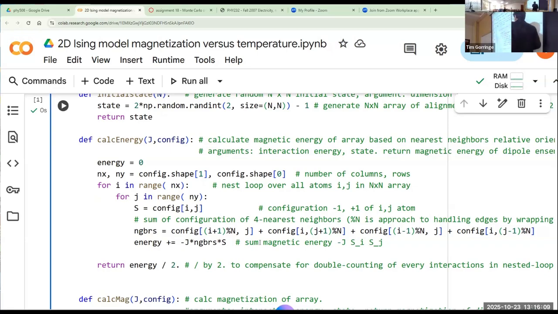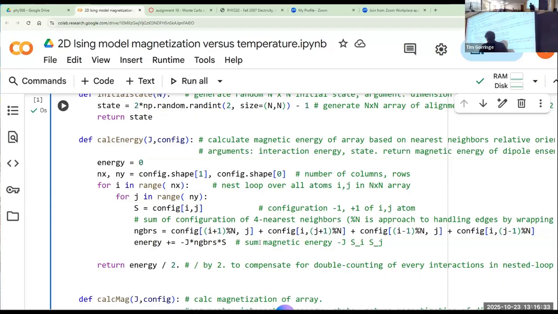Here I'm calculating kind of the combined state of all of the 4 neighbors to it. So it's got a neighbor to the left and right, to the front and back. Or in this language of I and J, it's got a neighbor at I +1, I -1, J +1, J -1.